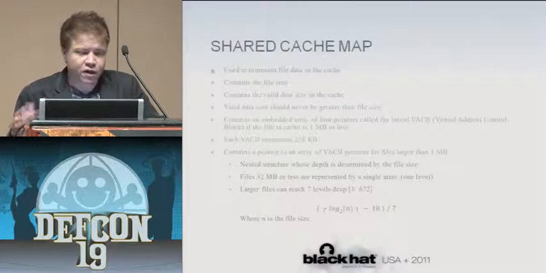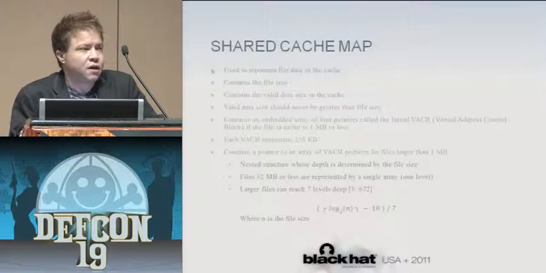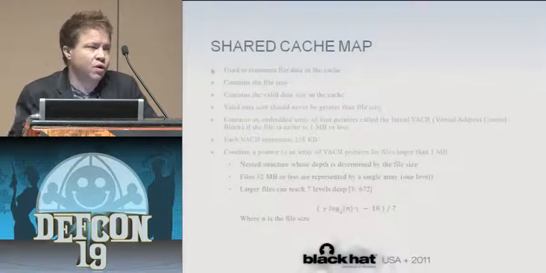Right, you're probably going to have a lot of web images and so forth that are in the cache. They're going to be less than a meg in size, so let's keep it simple. Each VACB, I should mention, represents 256 kilobytes. So if you have 4 of those, obviously you can represent a 1 meg file.